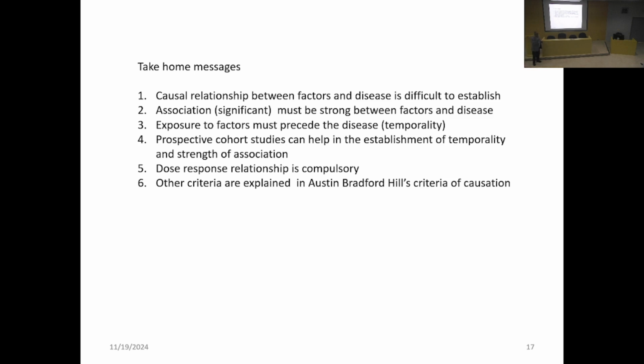We measure the relative risk, and you are sure that the exposure precedes the disease. So cohort studies are really appropriate. The dose-response relationship is also compulsory. Other criteria are also explained in Austin Bradford Hill's criteria of causation.